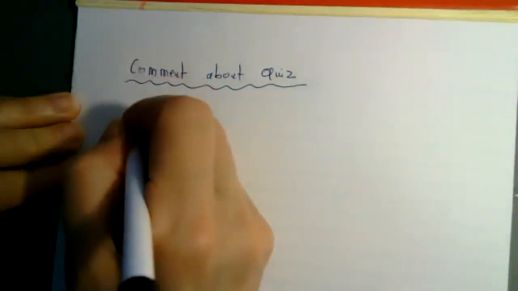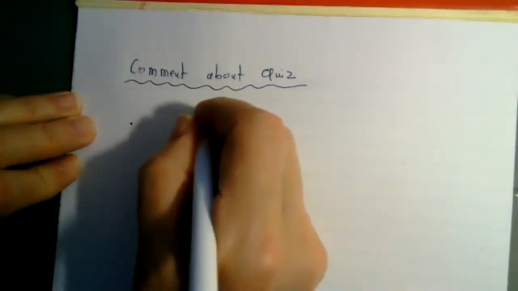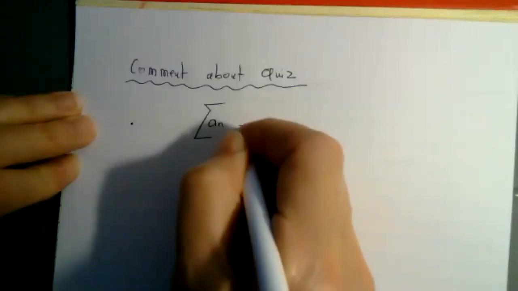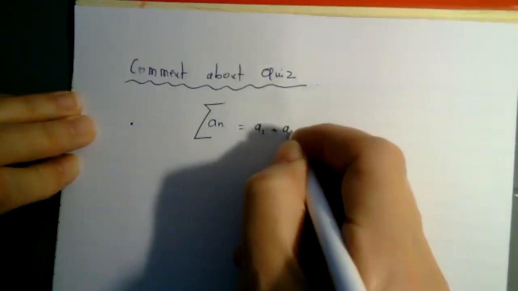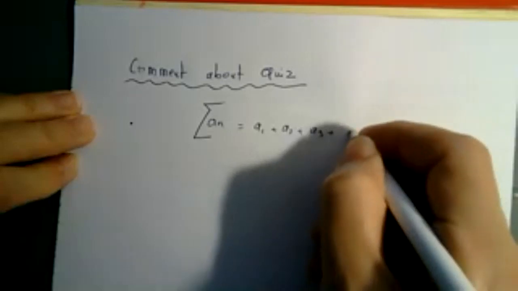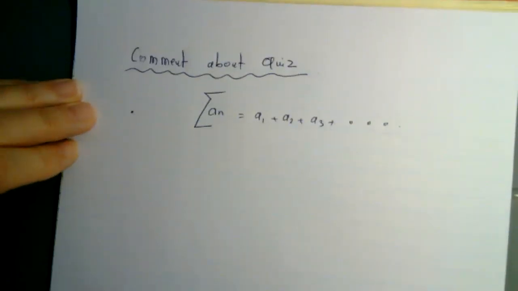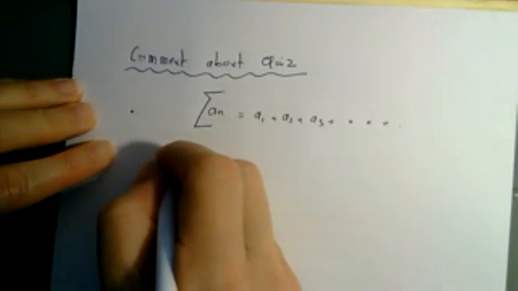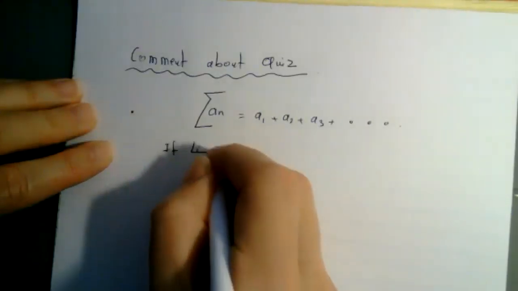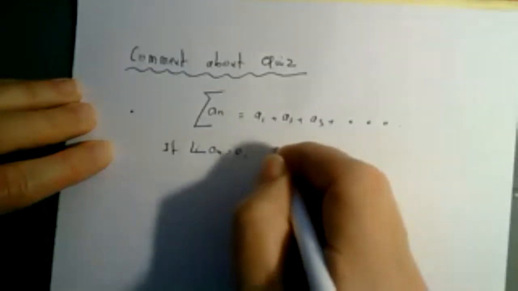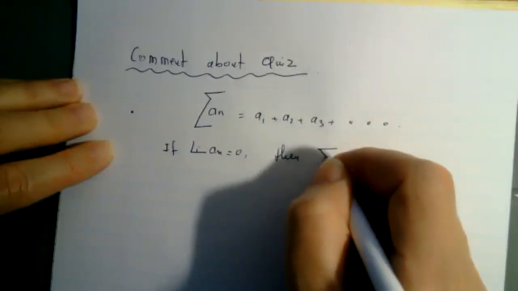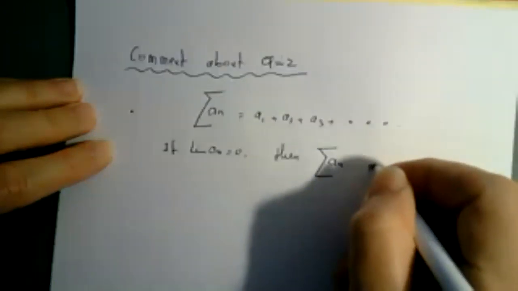The true-false questions, there were problems with them. Not everyone, but there were some problems. So the first question in the true-false problem was the following. You have a series sigma an, a1 plus a2 plus a3 plus etc. And the question was: if the limit of an equals 0, then the series must converge.